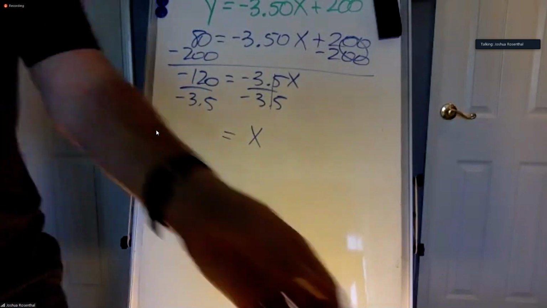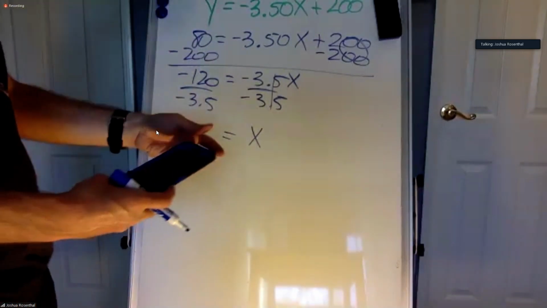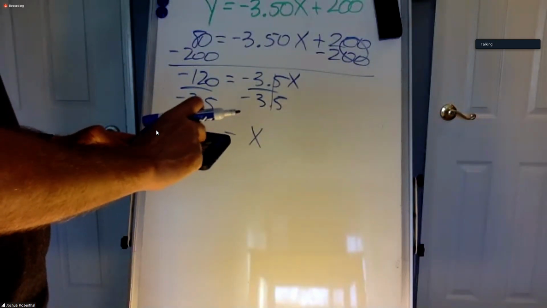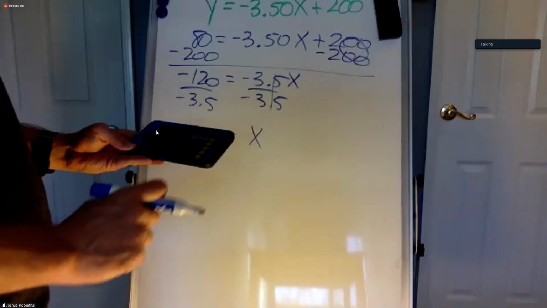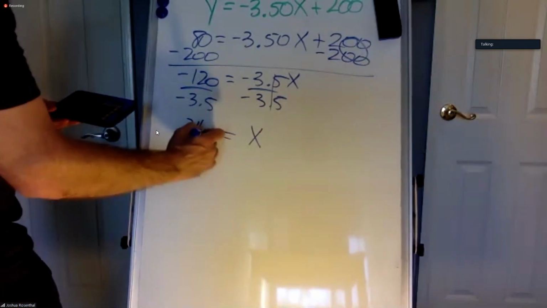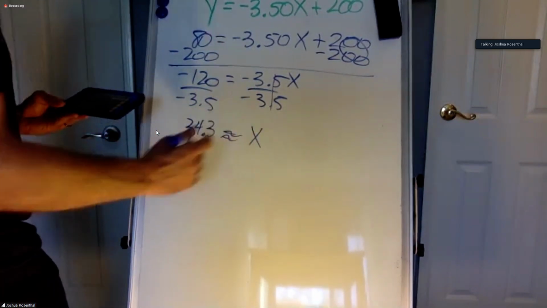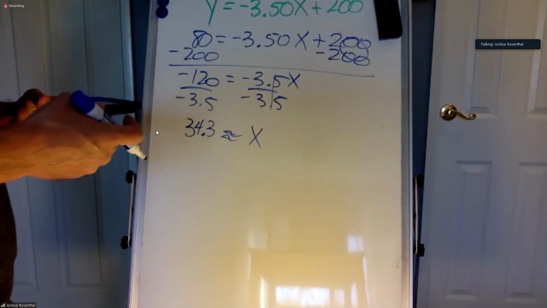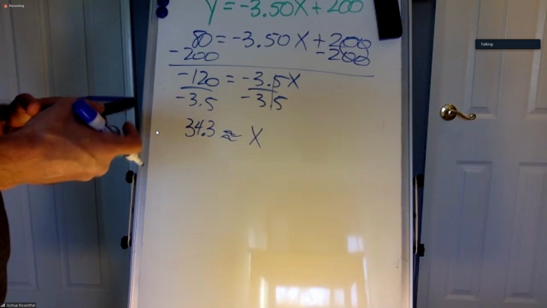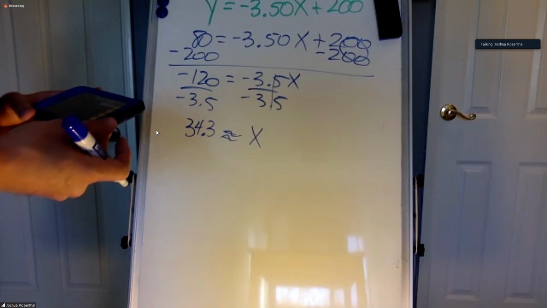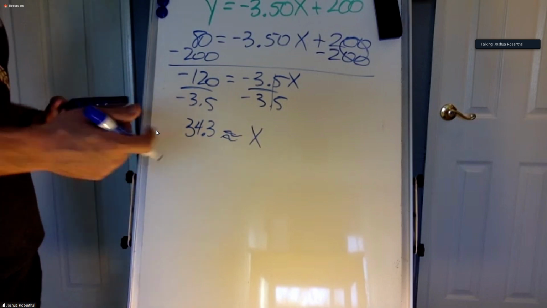And then you can use your calculator on the test. 34.3, about 34.3 gallons. Predict how many gallons of gas Jack has purchased when the balance on the card is about $80. So it's about 34.3 gallons of gas.